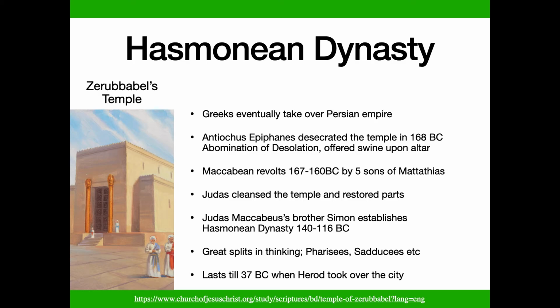So after the Babylonian conquest, we have the Persian conquests, and then the Greek conquests. So the Greeks take over the Persian Empire, and Antiochus Epiphanes comes in and desecrates the temple in 168 BC. So this is the abomination of desolation in that day.